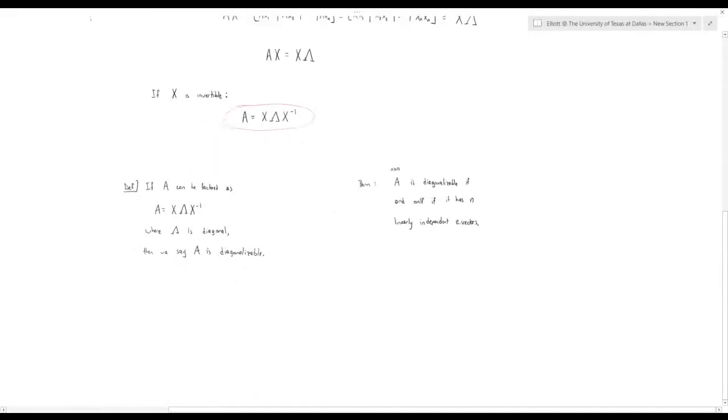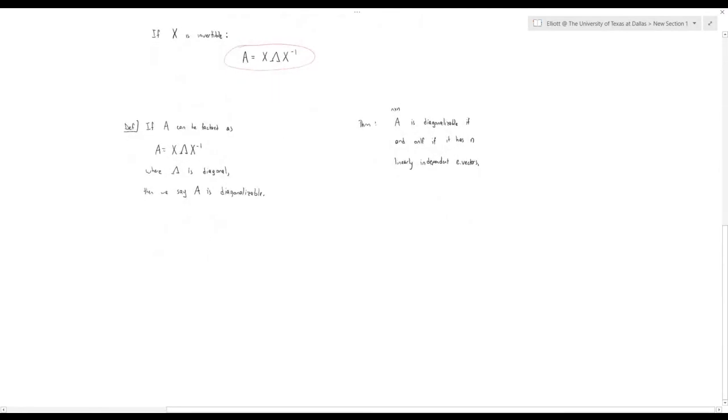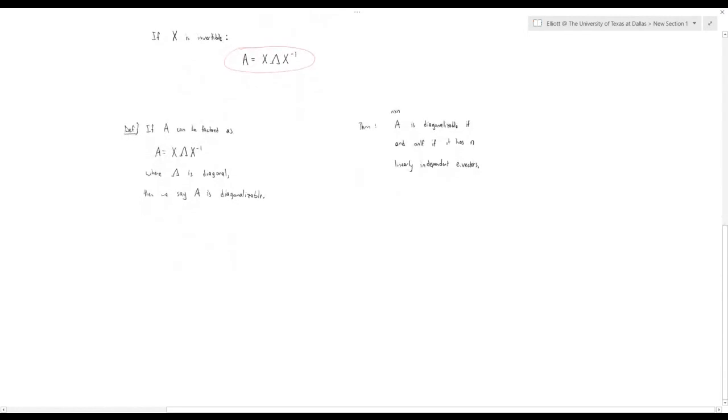I'll make a few comments, and then I'm gonna do a couple of examples after that. I actually kind of hinted at it just now when I was explaining one of the examples.